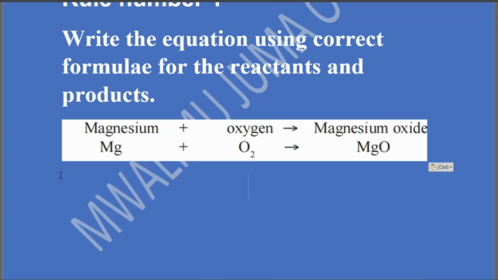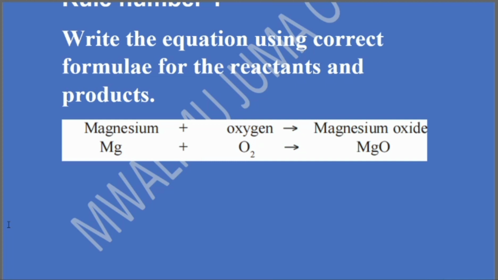So you have magnesium Mg, and you have oxygen, then you have magnesium oxide. That's the rule number 1, that we have to always ensure is adhered to.